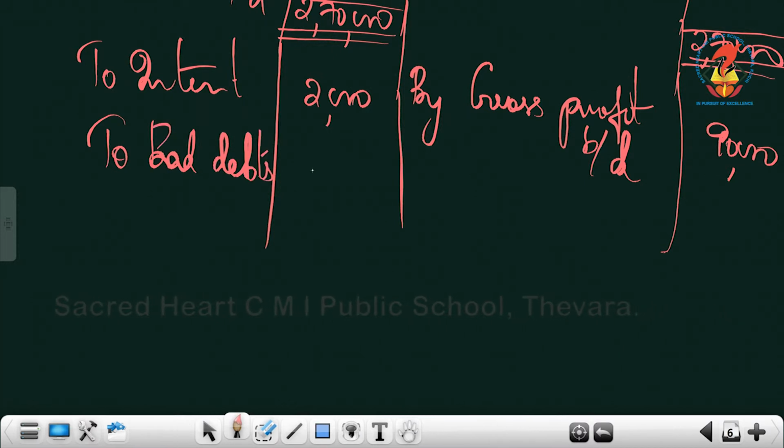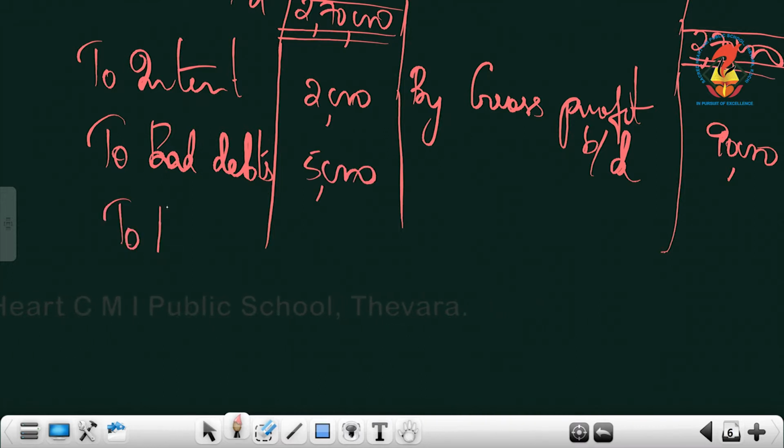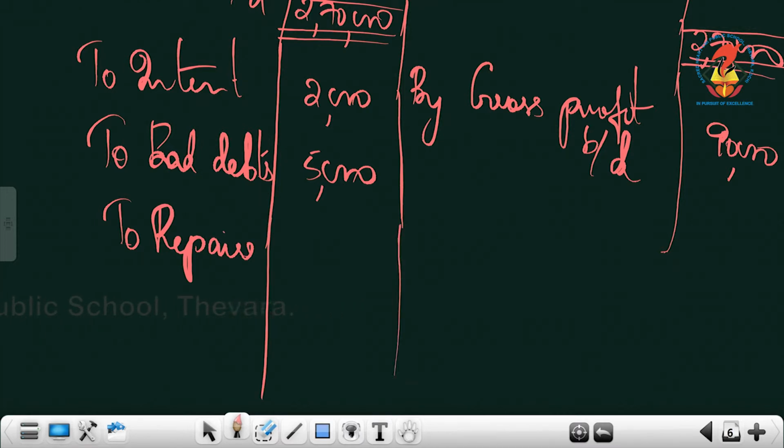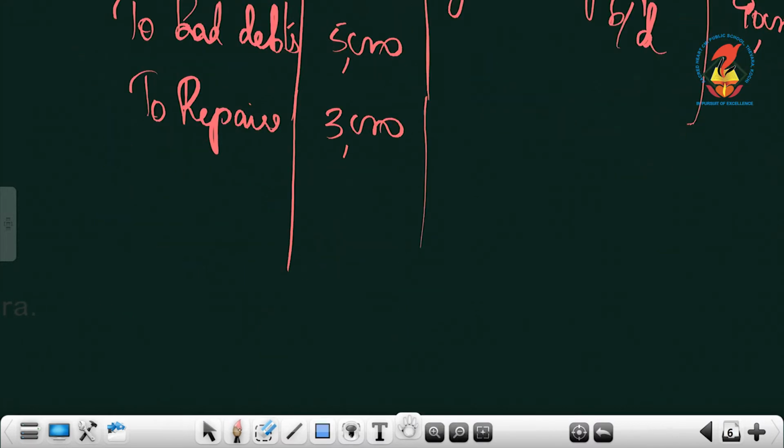To bad debts 5,000. Then to repairs, all these are indirect expenses. So direct expense examples you must learn. So automatically the others would be indirect.